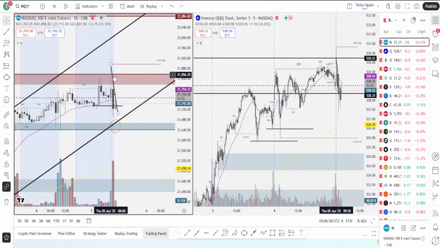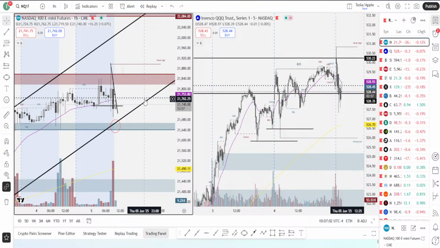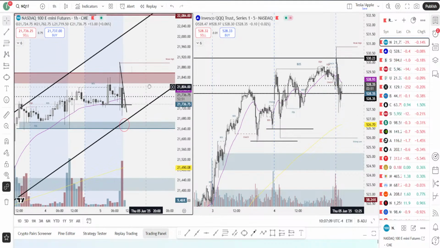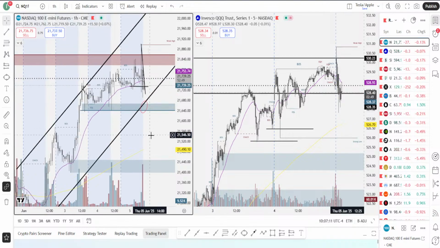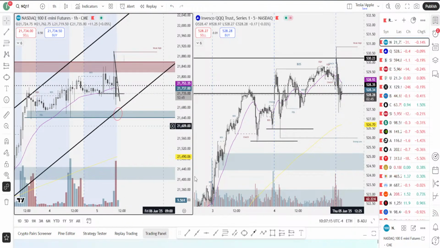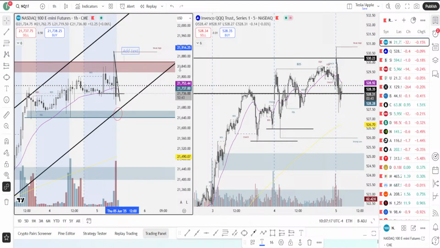It was being traded there very briefly, but not for too long. So there was not a whole lot of interest in buying all the way up here. So yeah, we could be seeing price now retracing after having a false breakout.